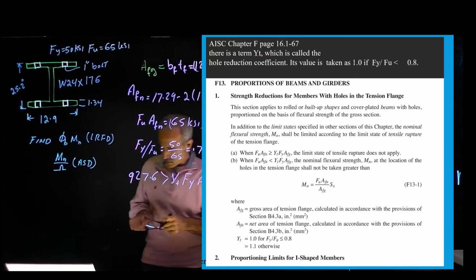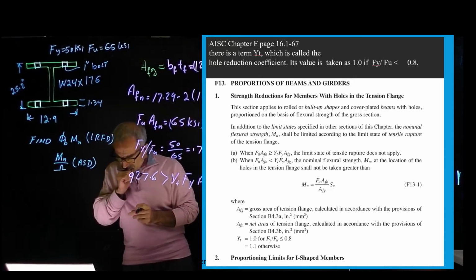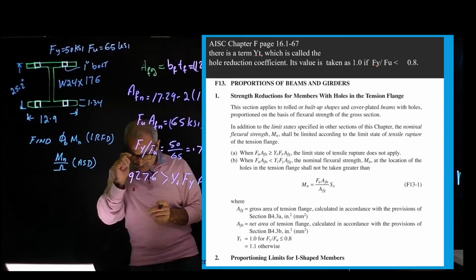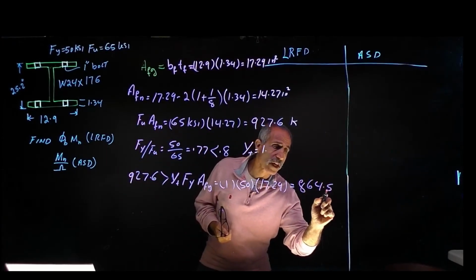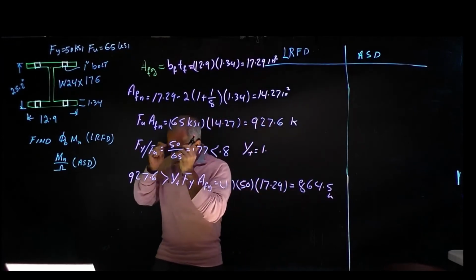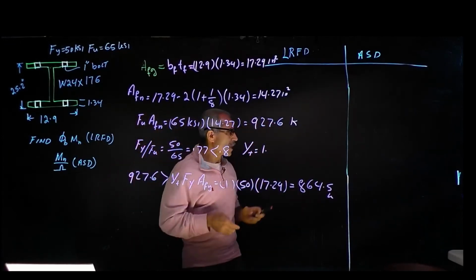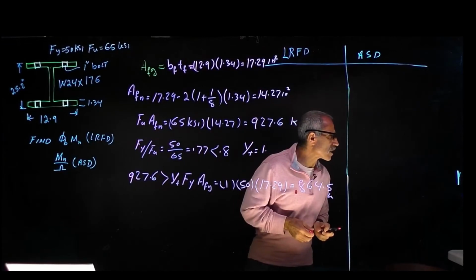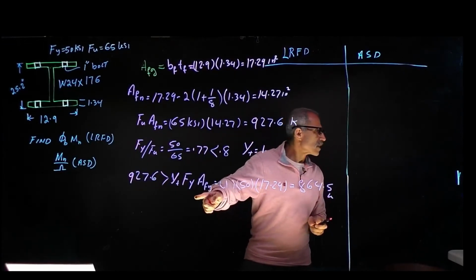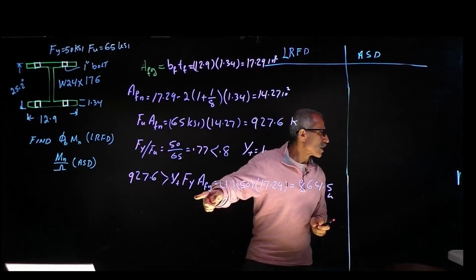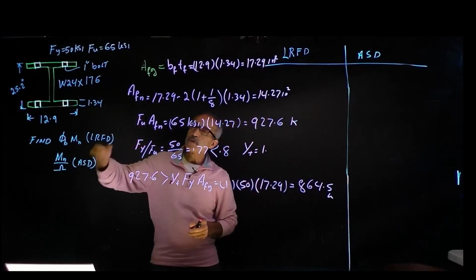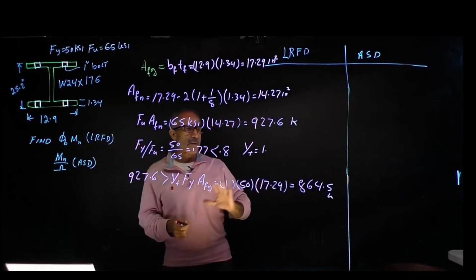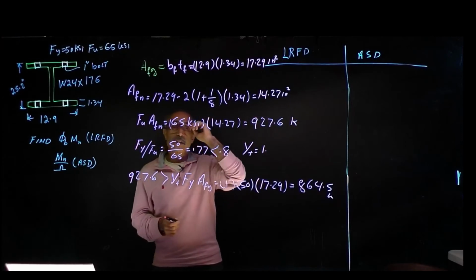So that comes out to 864.5 kip. Then we look at the spec, and the spec tells us that's bigger, and therefore the limit state of tensile rupture does not apply. So it really doesn't reduce it that much. Okay, so 2 bolts is okay, it's allowed. It doesn't reduce it too much.